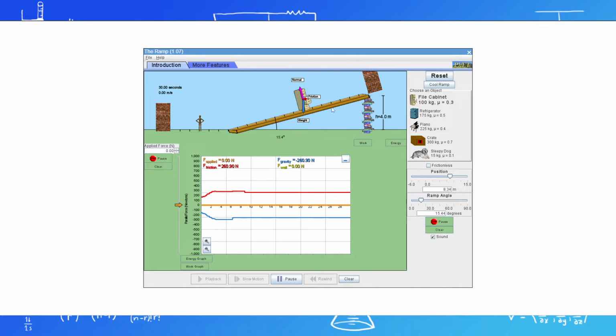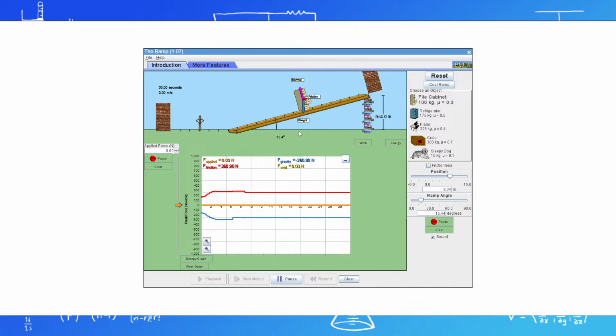So this right here is a classic inclined plane situation. You've got three forces. You've got a force of friction that's parallel to your incline, which, according to this, is at 15.4 degrees right now. You've got a normal force, which of course is perpendicular to the surface. That's why it's slightly angled. We're used to it being straight up, but that's because we're used to having our objects on a flat, level surface.